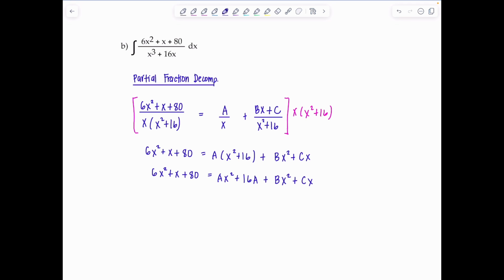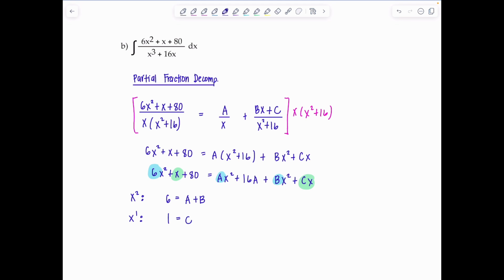Okay, let's look at all of the coefficients of the terms that involve x squared. So on the left, we have a 6. And then on the right, I have ax squared plus bx squared. So that means 6 has to equal a plus b. Now what about x to the first? We've got a 1. Oop, that's c.